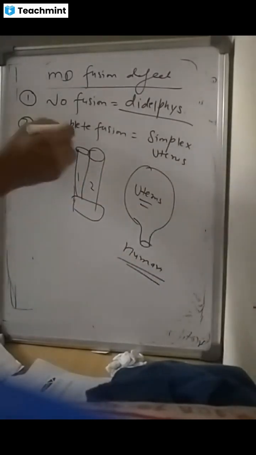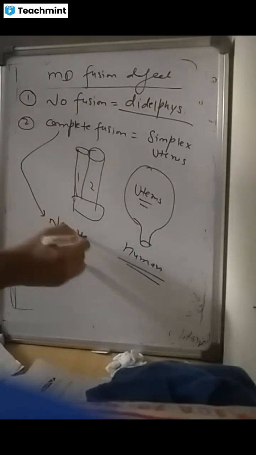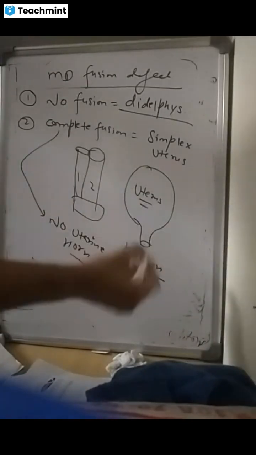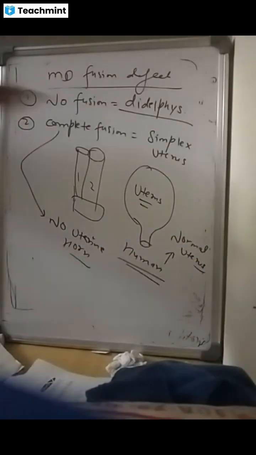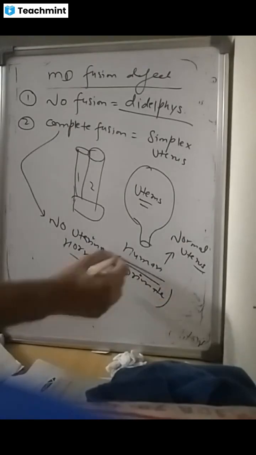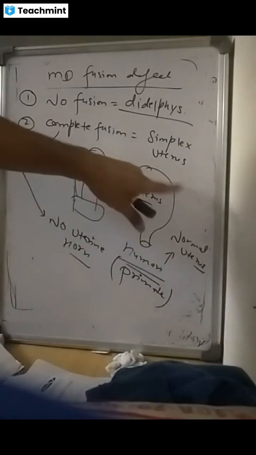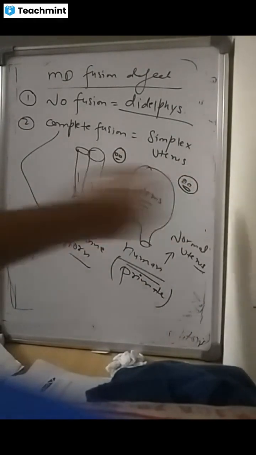In this uterus, when there is complete fusion, there are no uterine horns, and it is called normal. So if there is complete fusion, it is normal for human beings as well as primates. No uterine horn is present.